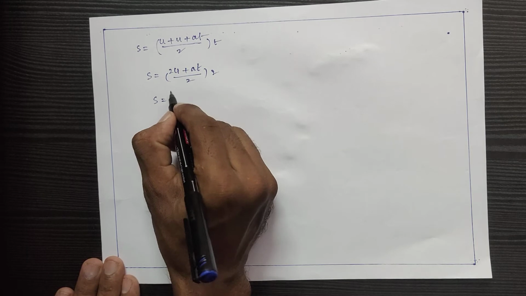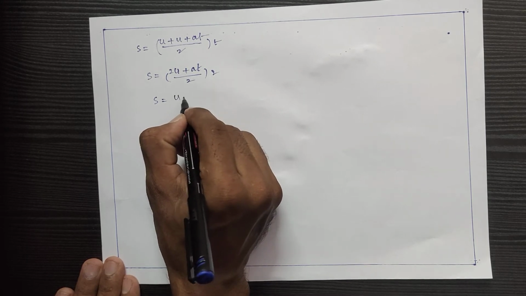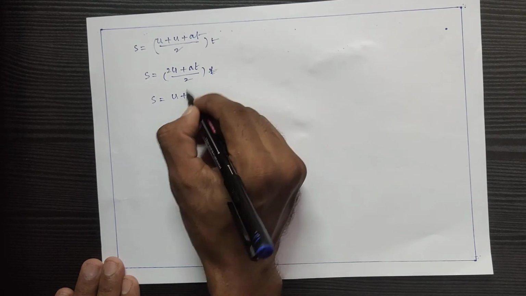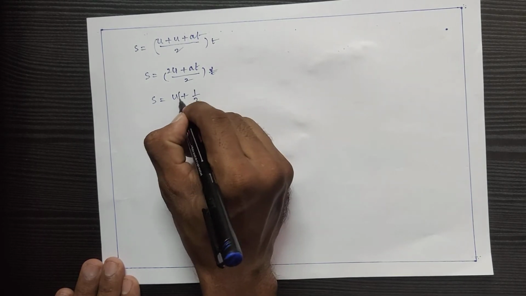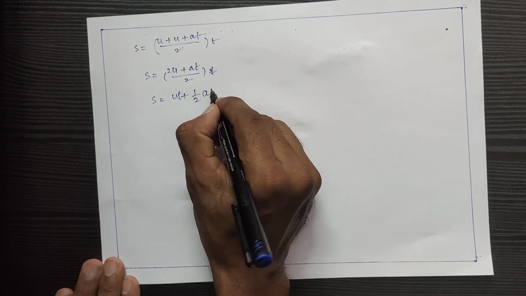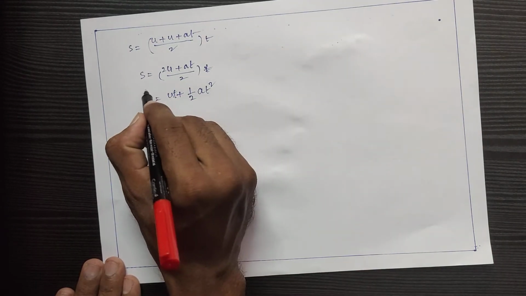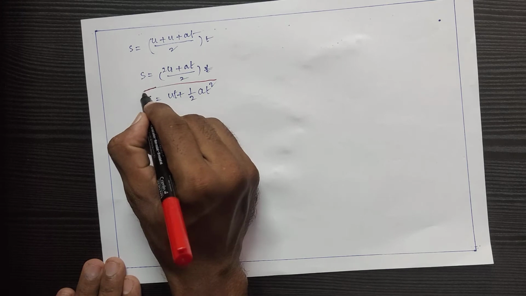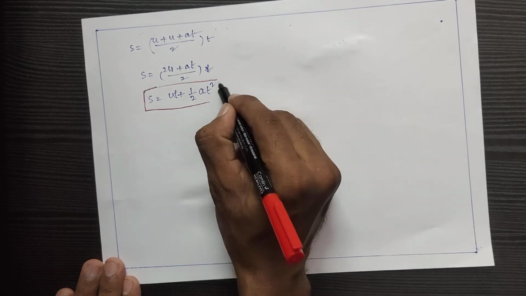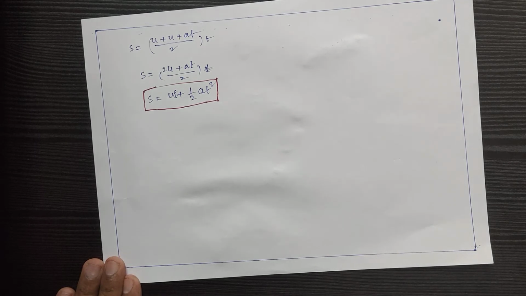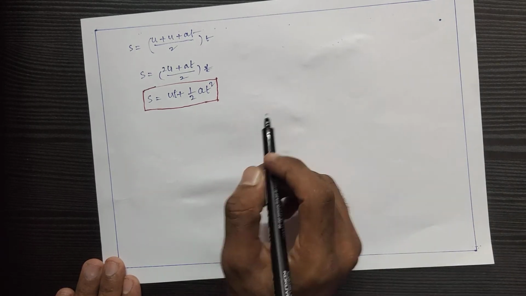By simplifying this, we get s equal to ut plus half at square, and this is the second one, right? This formula is used to find the displacement when the motion of an object is in uniform acceleration.